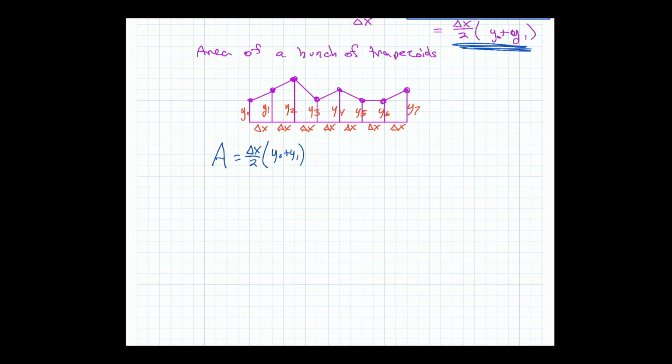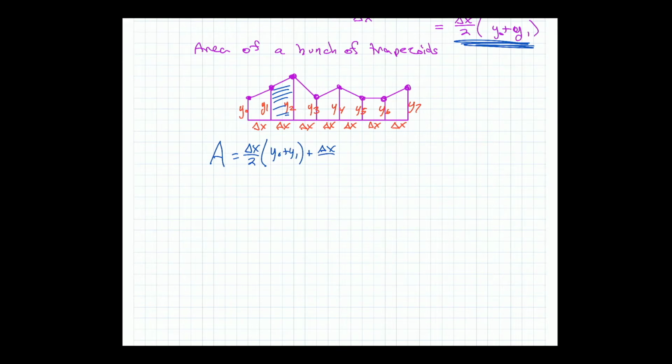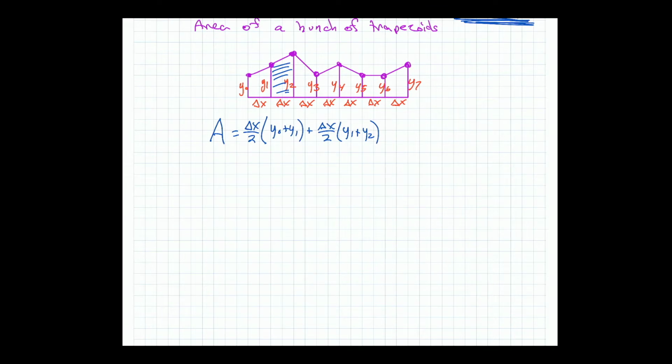Right? Now the area of the second trapezoid, this one, you're going to do the same exact thing, but it's not going to be y0 and y1. It's going to be delta x over 2 times (y1 plus y2), right? Its sides are y1 and y2.